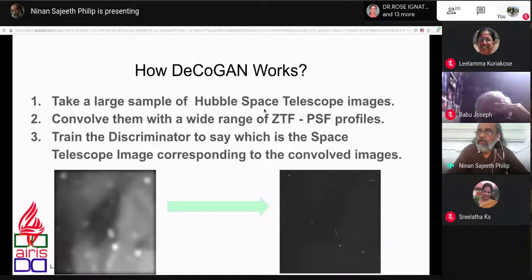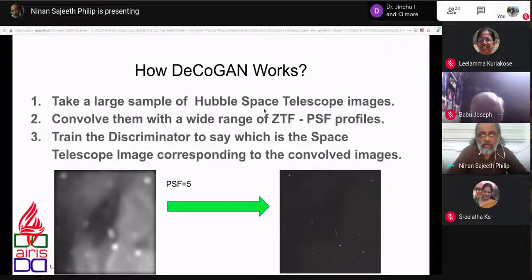And what we would like to do is see how this convolved or blurred image can be converted into that high resolution image which Hubble is able to see. For illustration, I am showing you how the convolved image looks at different values of PSF. This particular image is at PSF equal to 5.